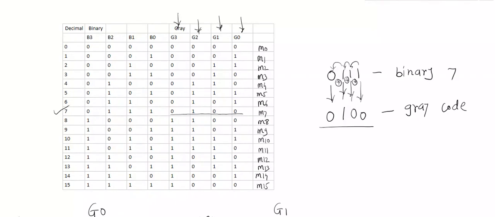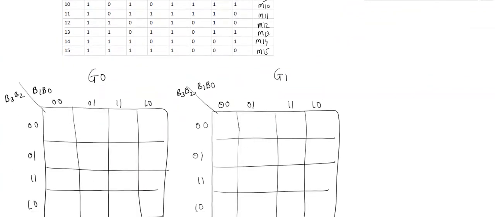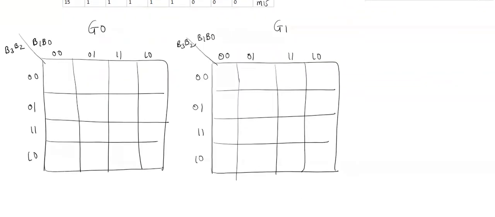Now it is very easy to plot the G0, G1, G2, G3 onto the K-map. So simply the cells of a K-map we are going to fill with the value 0, 1, 1 and so on. Now after plotting the G0 onto the K-map, now my K-map will look like this: 0, 1, 0, 1. Then 0, 1, 1, 0. Then 0, 1, 1, 0. Then 0, 1, 1, 0.